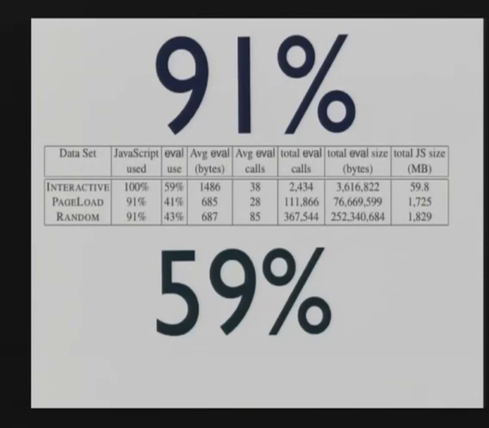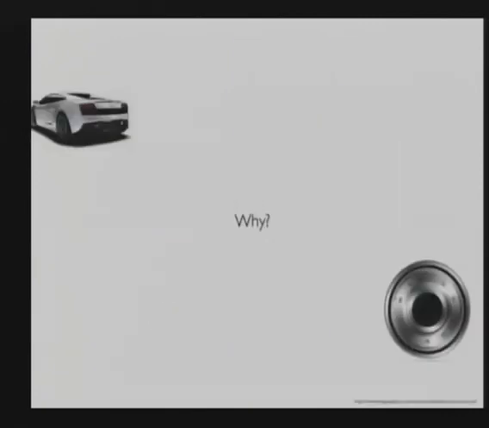So why should we care about eval? There are two reasons we should care about eval. One is performance, and the other one is security. I'll spend a little bit more time on security, but both are important. Why is performance an issue with eval? Well, eval introduces dynamic behavior in your system, so it affects the compiler optimizations that the JavaScript interpreter can do.